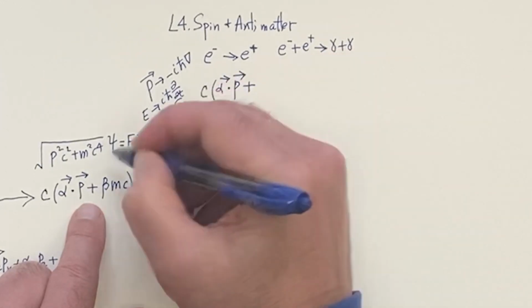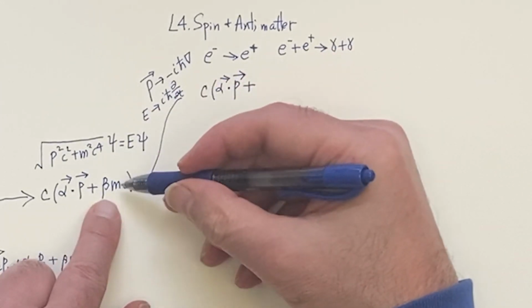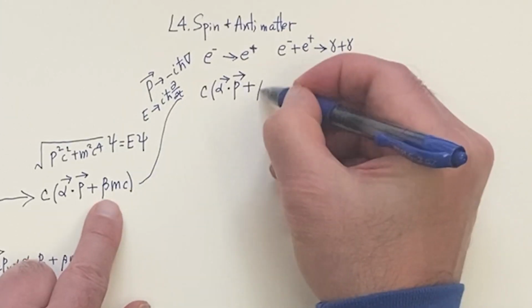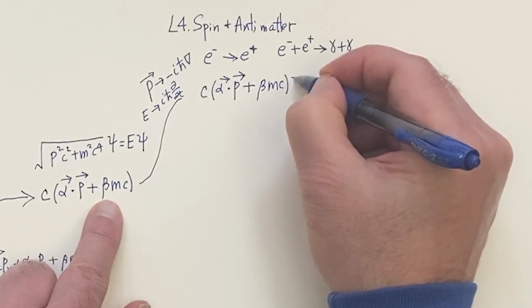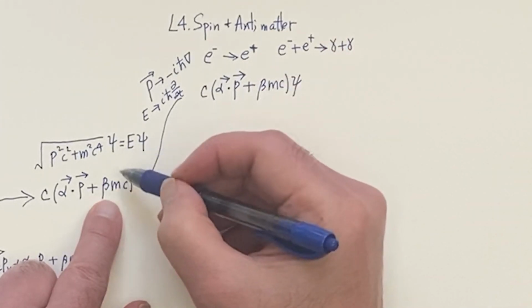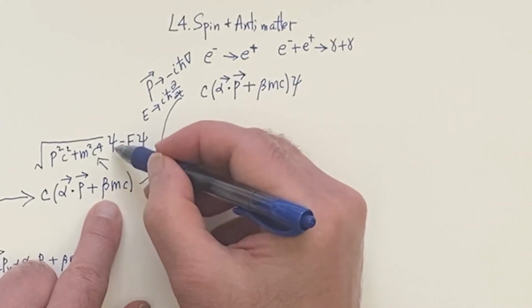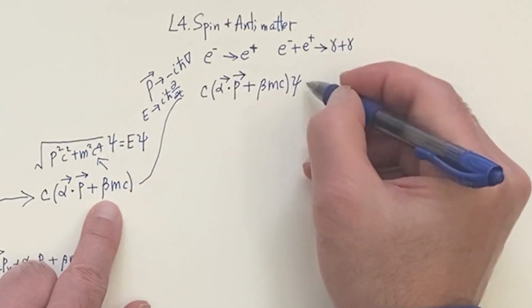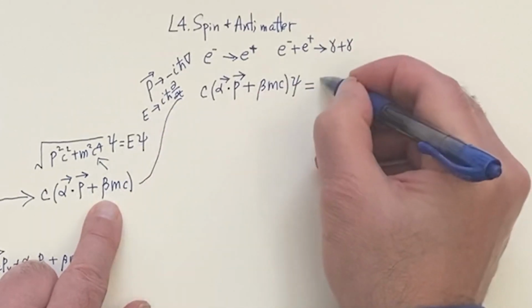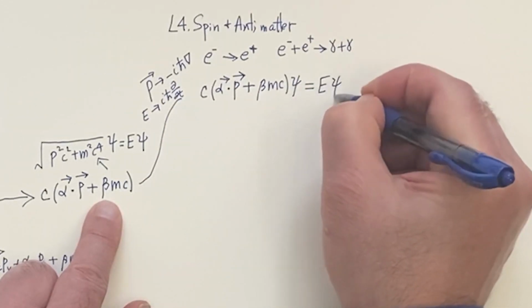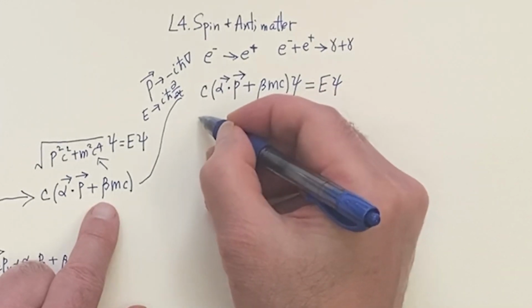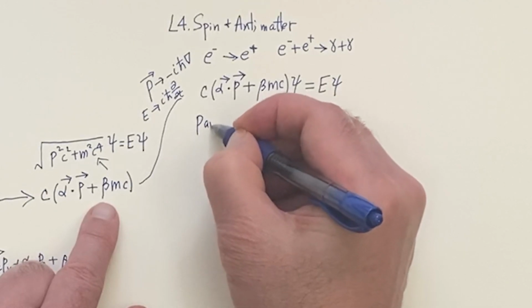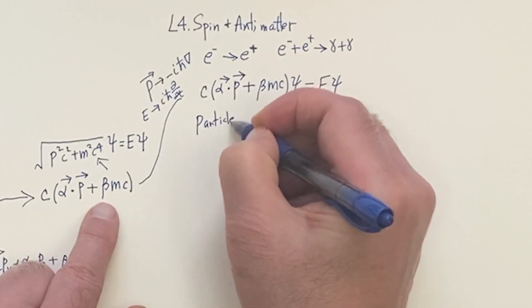So this is plus, down in here, we're copying this, beta mc, and that's going to operate on the wave function, and that's going to equal E times the wave function. And what I like to do is solve for the particle at rest, the simplest case.